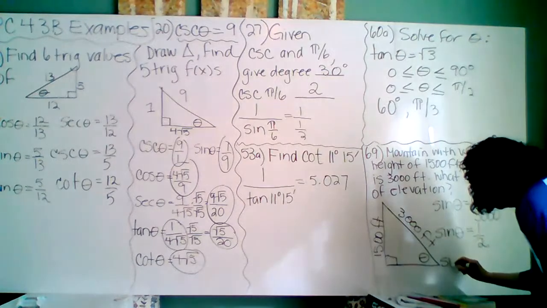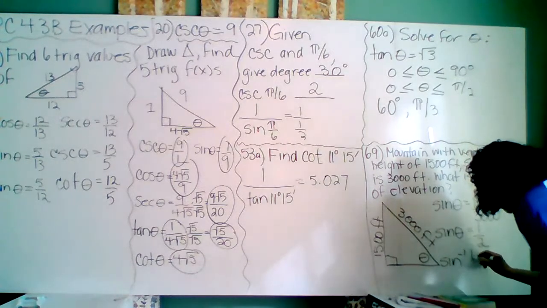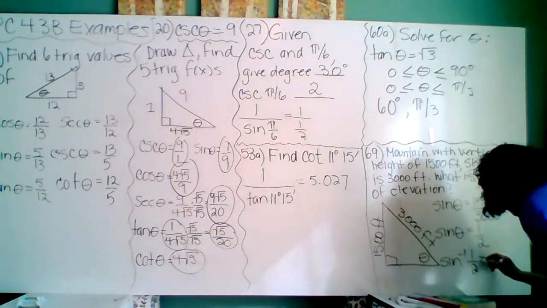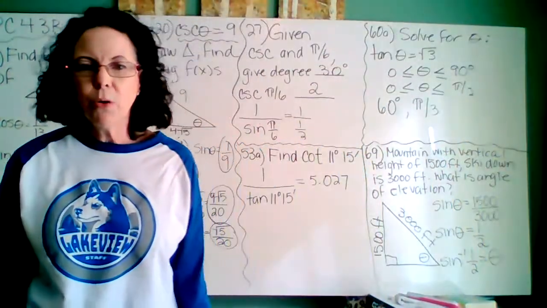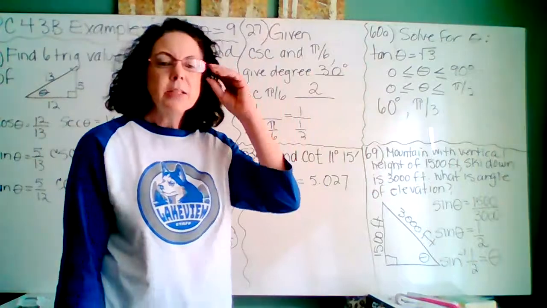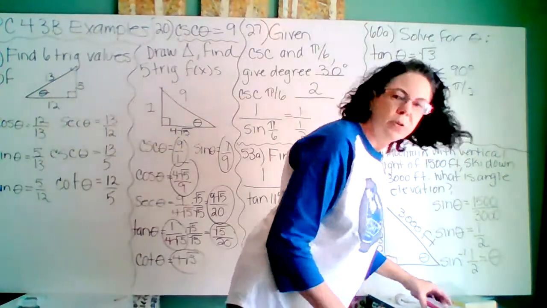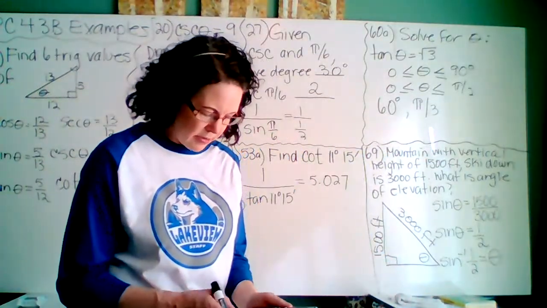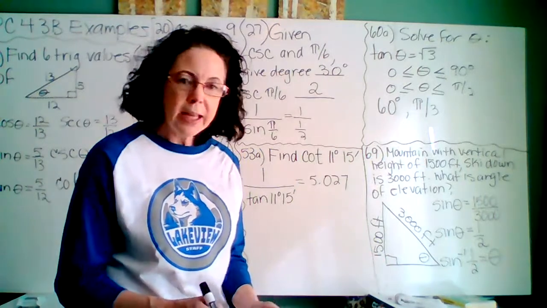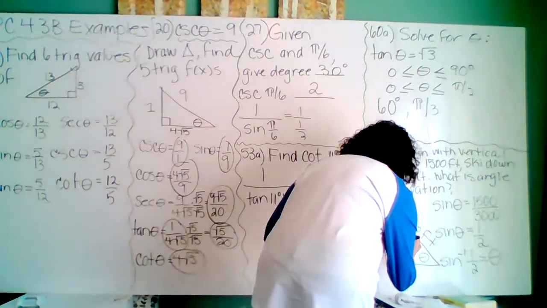So I'm going to do inverse sine of 1/2, and that's going to give me the angle. I will want to make sure I'm in degree mode on my calculator, not radian mode. So let's be careful there. So it's perfectly acceptable on your calculator, in this case, to do inverse sine of 0.5. And it gives you the angle is 30 degrees.